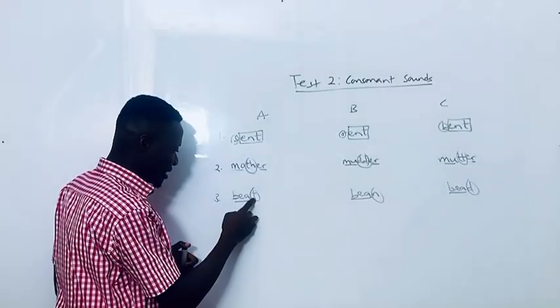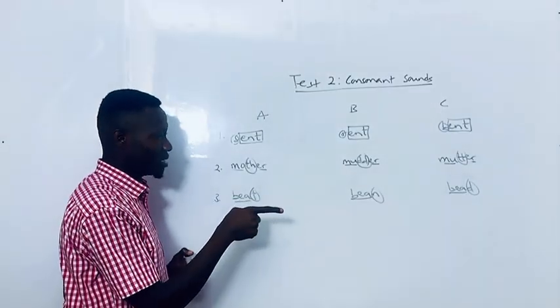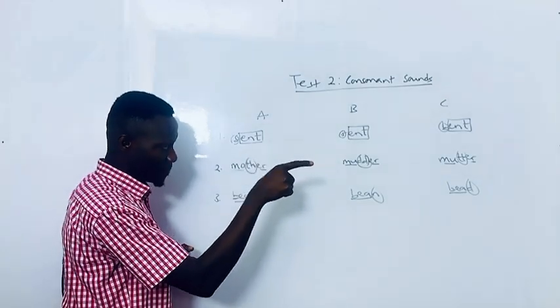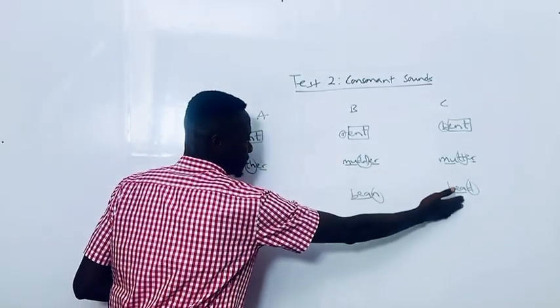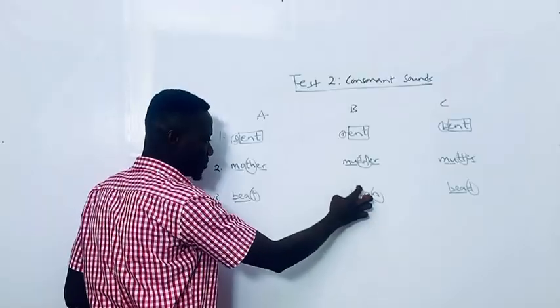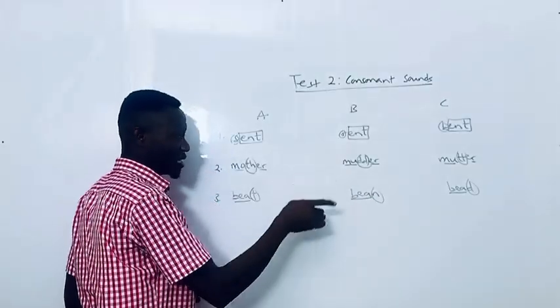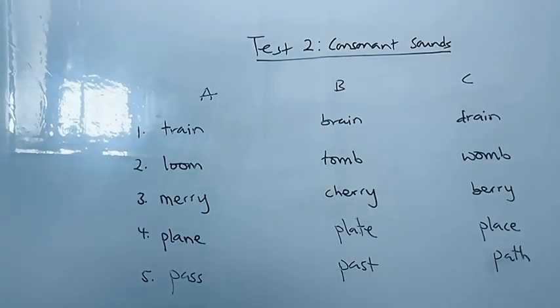This T makes the first option different from the second and third. The D over here makes the last option different from the first and the second, and the nasal n makes the middle option different from the first and the last. So that is what test 2 is about.